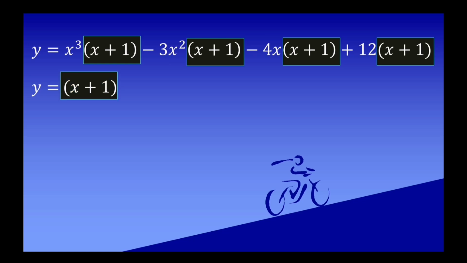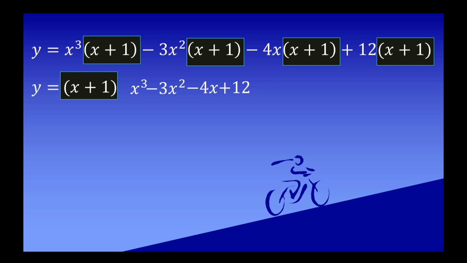Then take it down, x plus 1. Then copy all the remaining terms: x cubed, then negative 3x squared, then negative 4x, then plus 12.